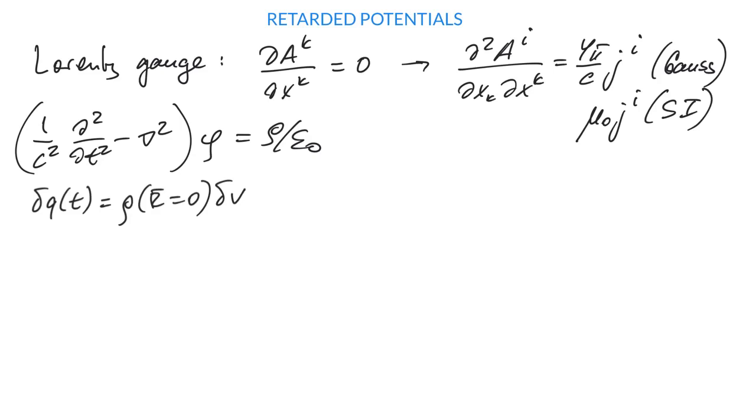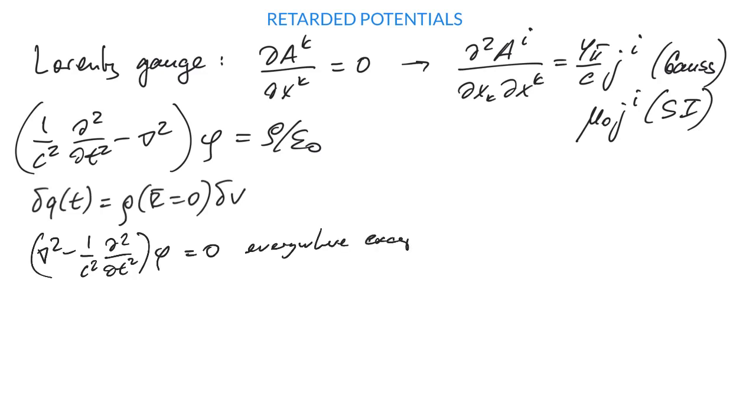This piece of the charge gives us the potential phi that satisfies the homogeneous wave equation everywhere except the origin. So we have this expression equal to 0 everywhere except r equals 0.